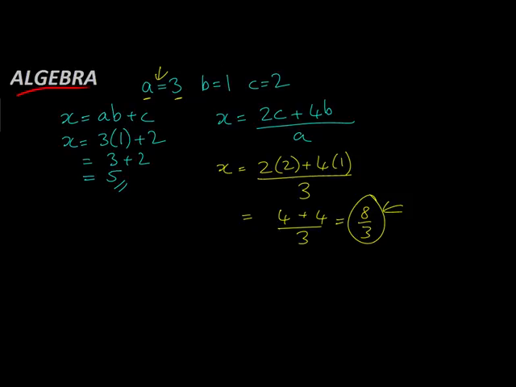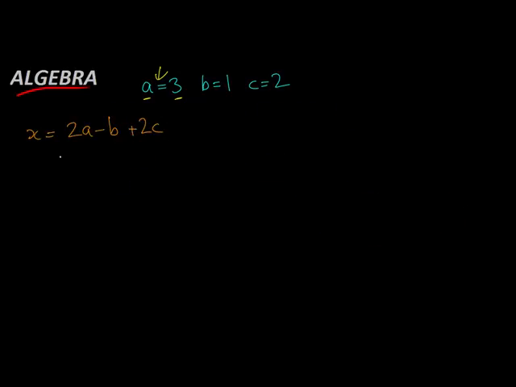We ask ourselves, how many times does 3 go into 8, and what's the remainder? Well, 2 3s is 6, and that leaves 2 left over, so we write 2, and then 3 stays where it is. 3 times 2 is 6, we'll have 2 left over as a remainder. So it's 2 and 2 over 3.